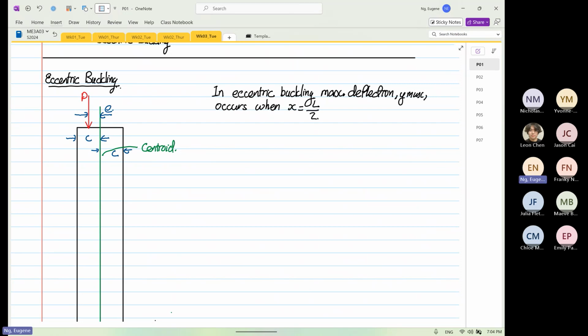If I were to draw the axes, this is our Y, and this is our X.